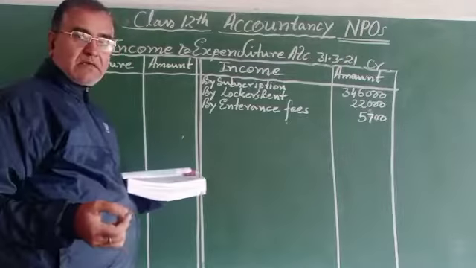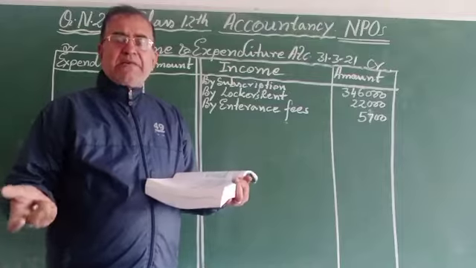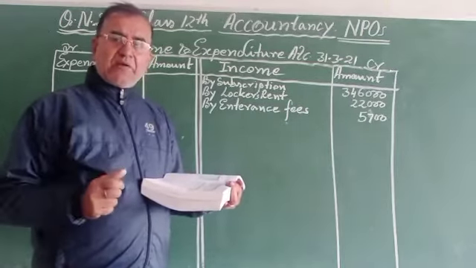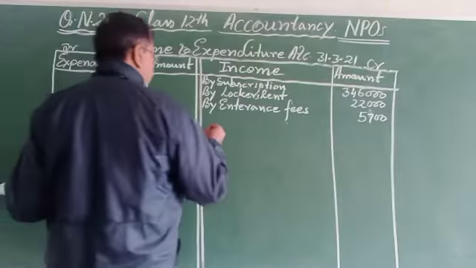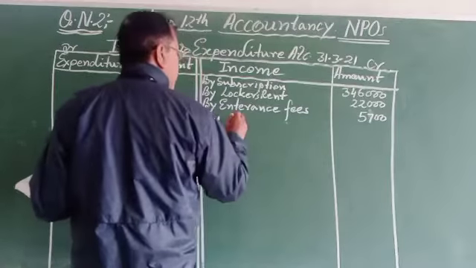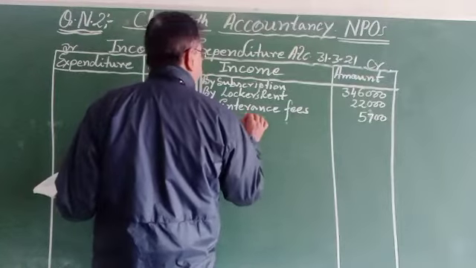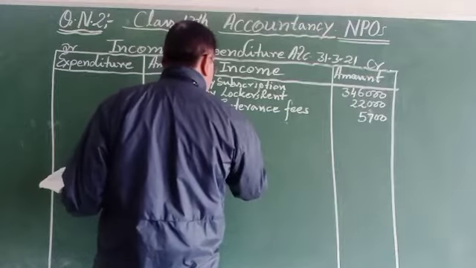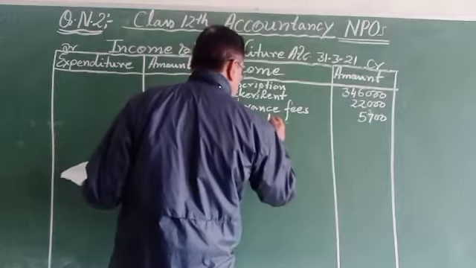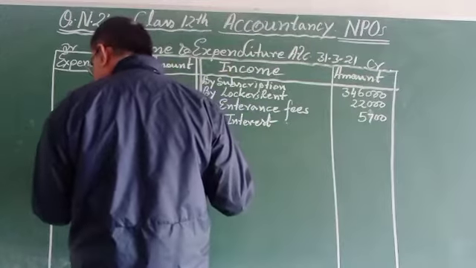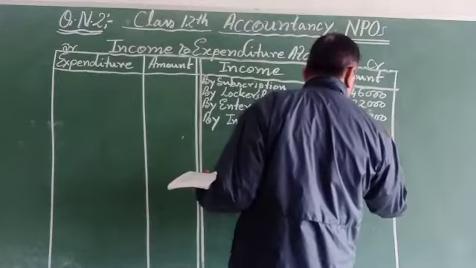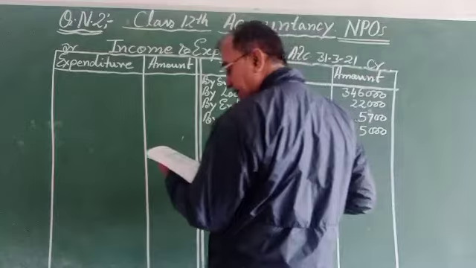Next, interest: some investment invested by the organization is receiving interest for the particular year. So we can put this in the income column as by interest. The amount given is 15,000.